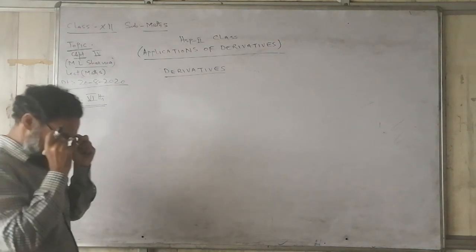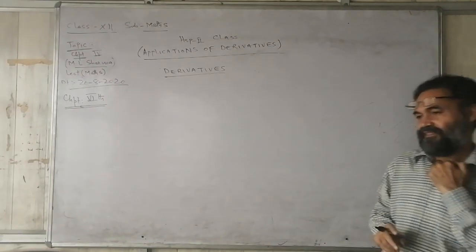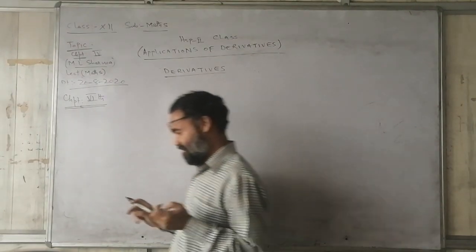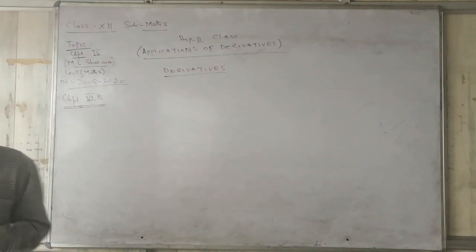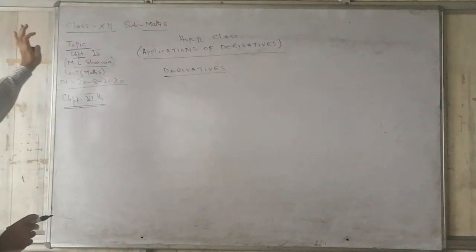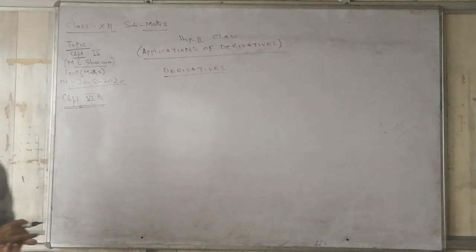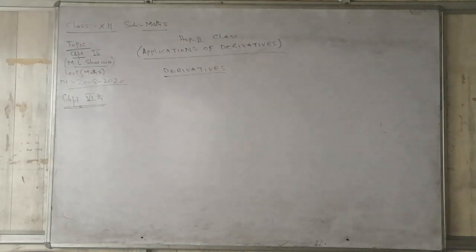There are 7 to 8 exercises and we had solved the questions in all these exercises. After this, completing derivative is chapter number 6 of class 12, that is application of derivatives.